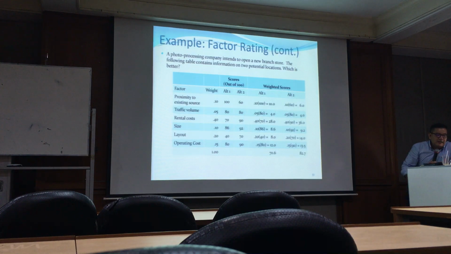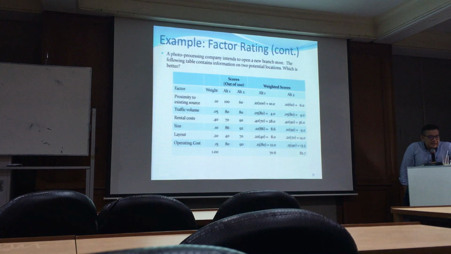And then you multiply the weight with the score. So in this case, you use the weight multiplied with the score for each alternative, and then you sum up for each of them. So finally, you have the first alternative's total score, after you multiply with the weight and sum up, of 70.6.